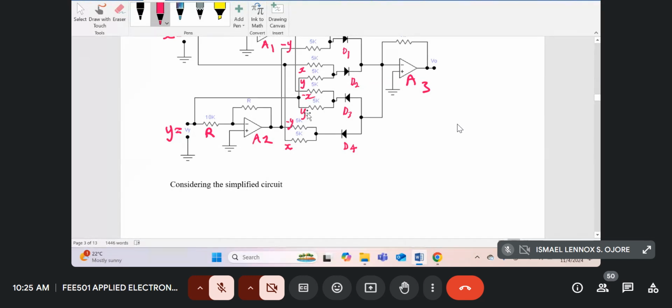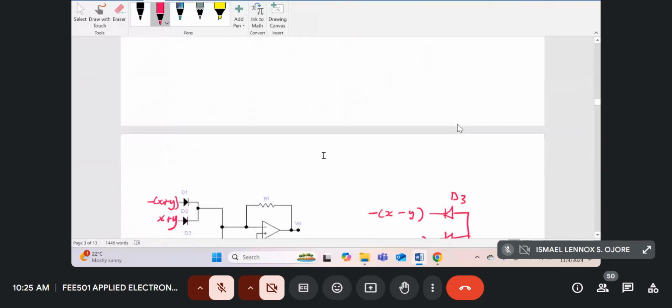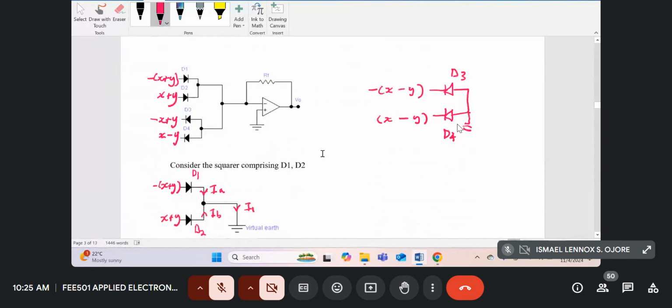I'll rearrange it in a better form. And then the bottom signal is minus y plus x. So here it is for D3, minus x plus y. The signal to D4 is x minus y.